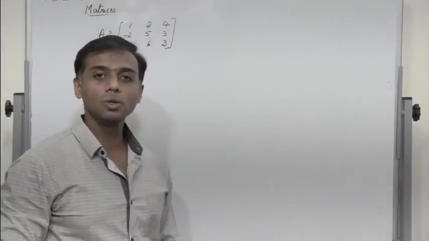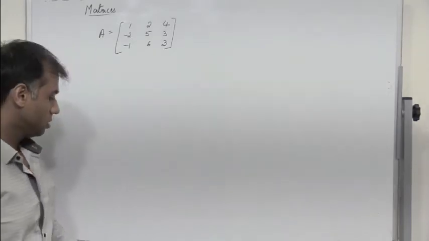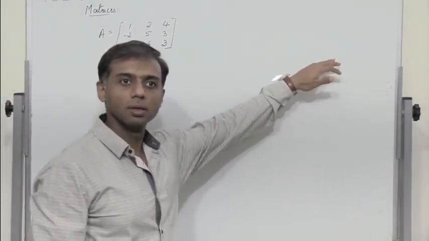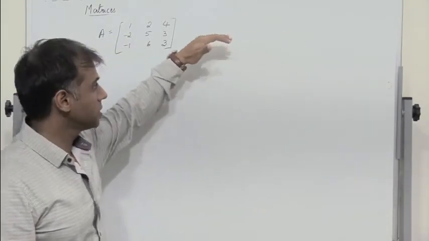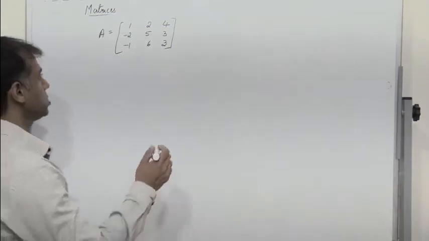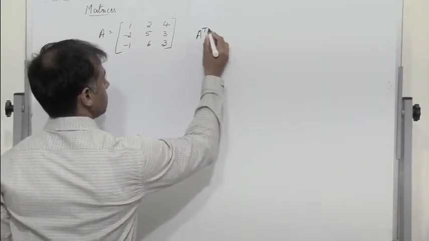So what is the goal? The goal is to express A as the sum of a symmetric and a skew symmetric matrix. To do that, let me first write the transpose of matrix A.